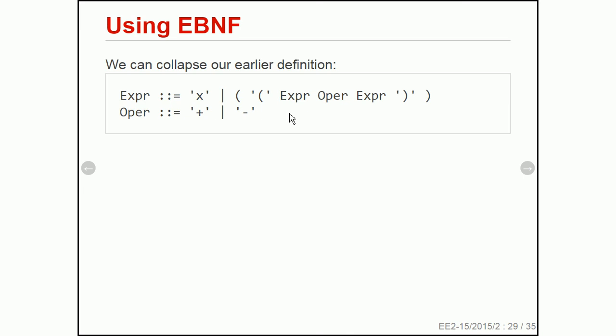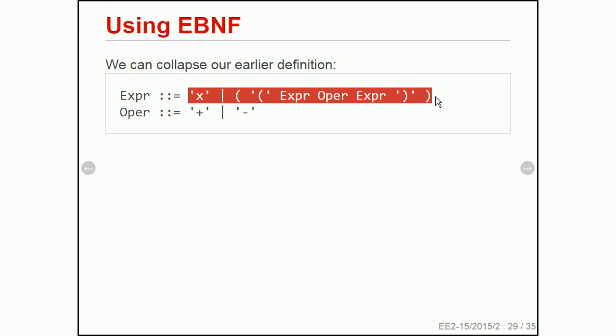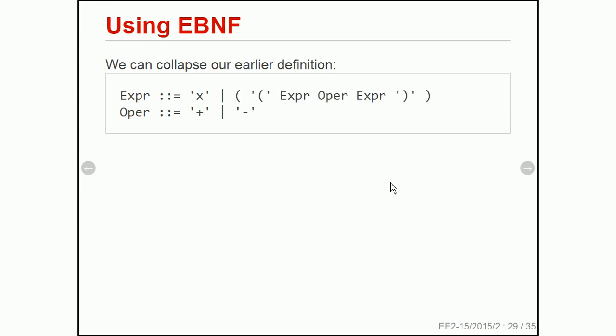But I think you would agree that this is actually a cleaner syntax, and it's nice to only have a single definition on the left hand side of expert. You're not limited to this in EBNF, so you can still define multiple rules for expert, depending on the tool. But it's easier to think about multiple alternatives on the right hand side. And generally you should try to have one definition.